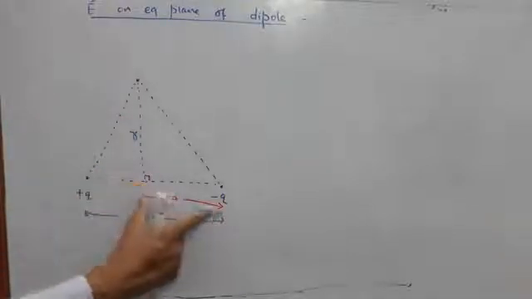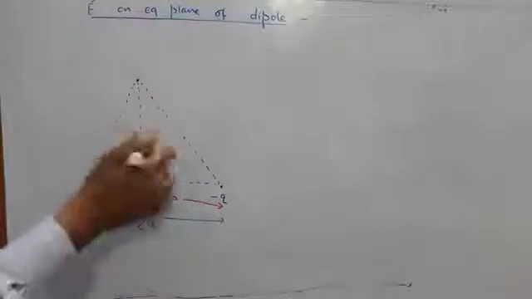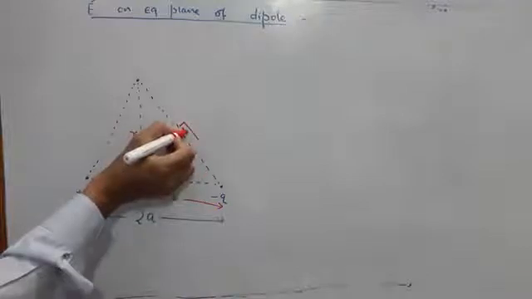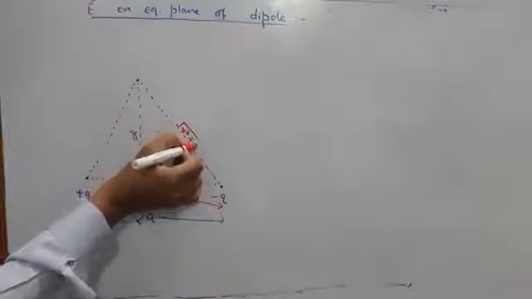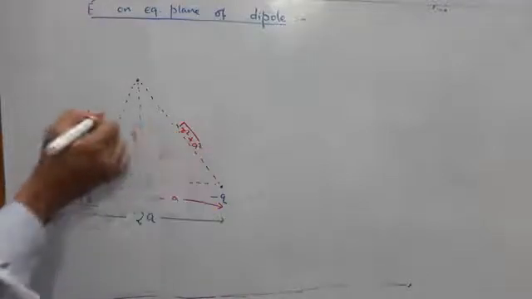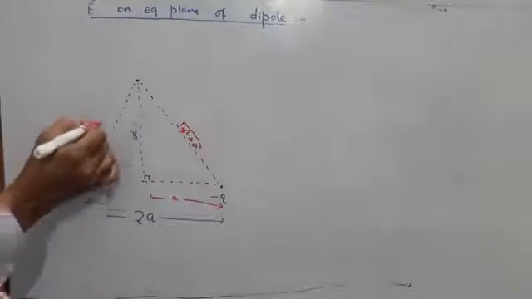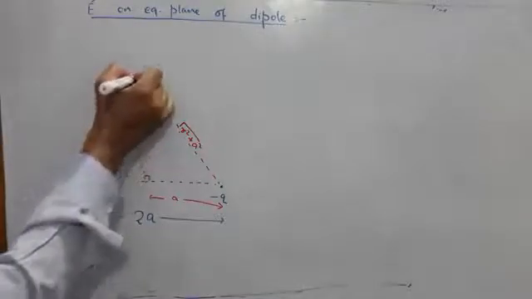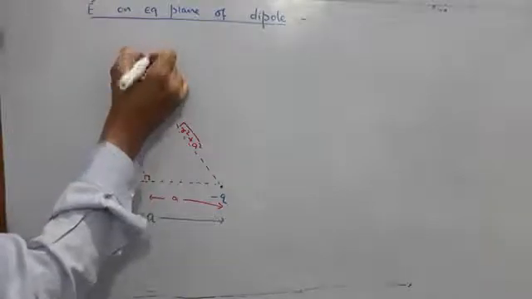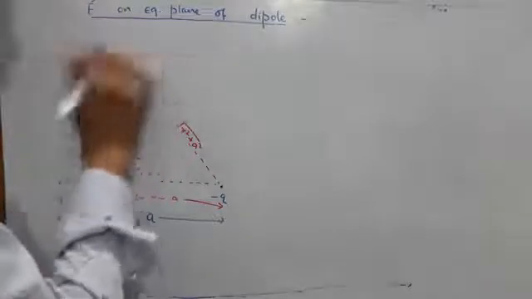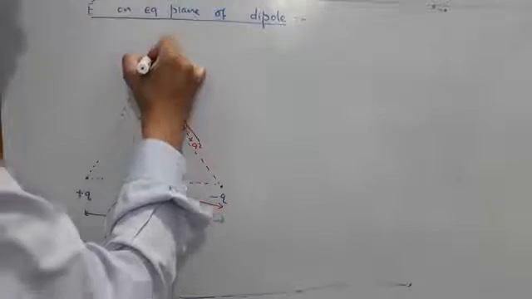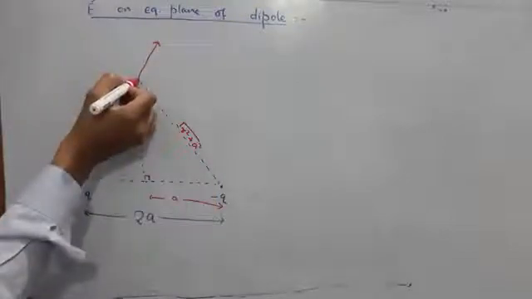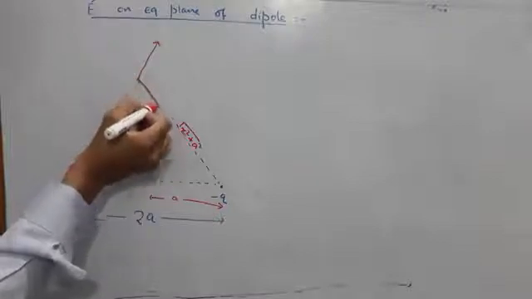Because it is a bisector, this I have chosen as A, this is R. So this distance will be under root R square plus A square. This distance is also root under R square plus A square. Now due to the positive charge, the electric field will be directed away from it. Due to the negative charge, electric field will be directed towards it.